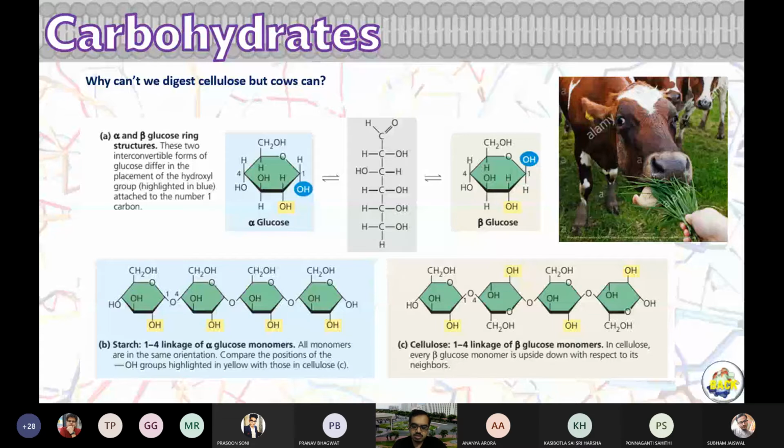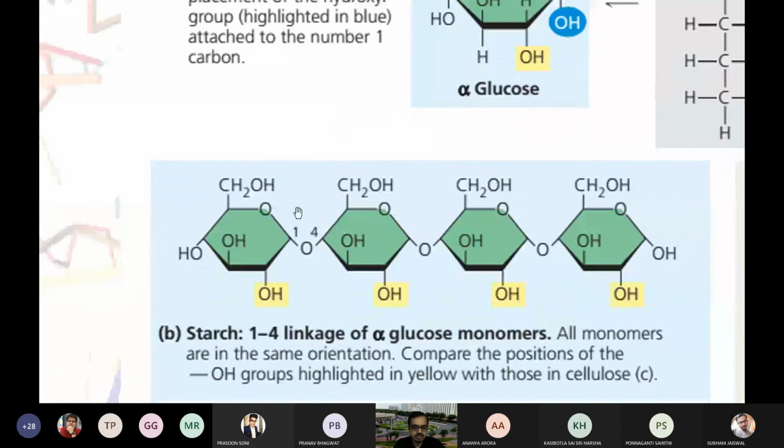So we can digest starch, but starch is a polymer of glucose, and cellulose is also a polymer of glucose. We cannot digest cellulose, but a cow can. What is the point? When you see maltose, glucose is linked by a 1,4 linkage. We saw that in maltose, right?